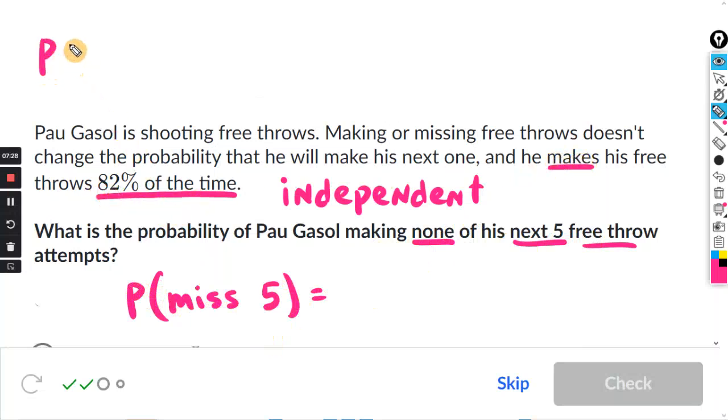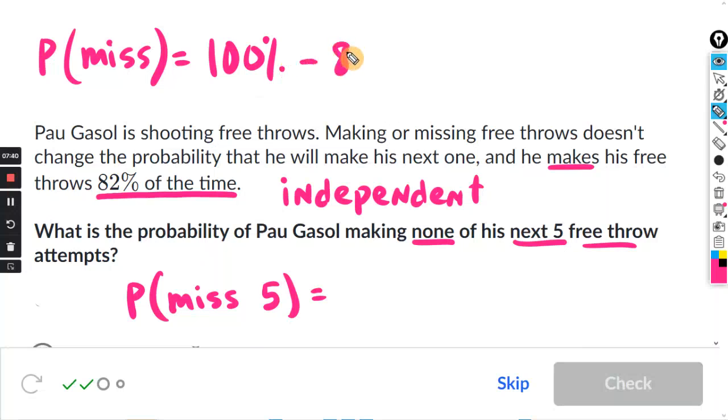So that means the probability that he misses, since he makes it 82% of the time, is just going to be 100% minus 82%. You either have to make it or miss it. That's why you're subtracting from 100%, and 100% minus 82% is just 18%.